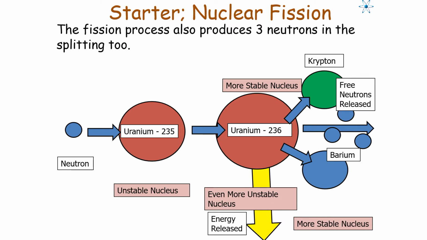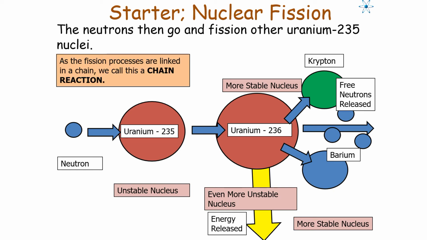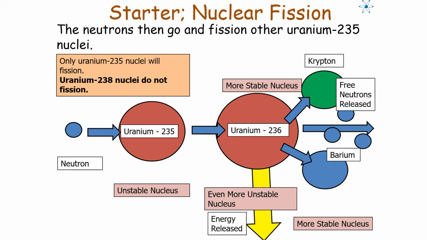The fission process also produces 3 neutrons in its splitting process. This is important as the fission process is linked together, and we call this a chain reaction. It's important to note that only uranium-235 will fission. Uranium-238, a different isotope, will not fission.